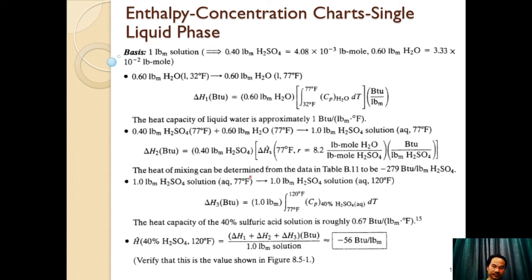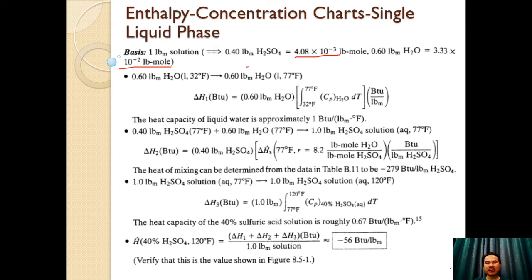For example, how to construct this curve, because we have 1 pound mole solution. This includes 0.4 pound mole sulfuric acid equal to pound mass sulfuric acid. You change mass to mole, you get this value. And also 40 sulfuric acid, 60 water, you get this mole of water.